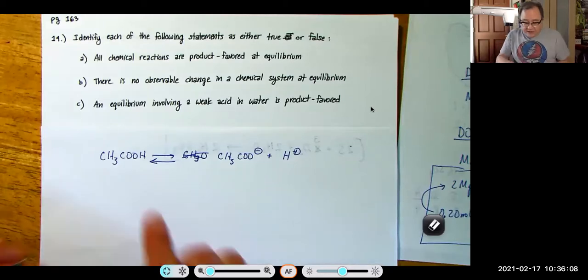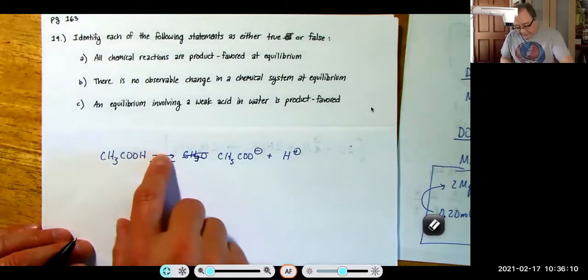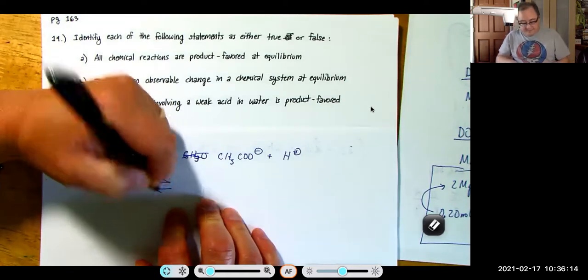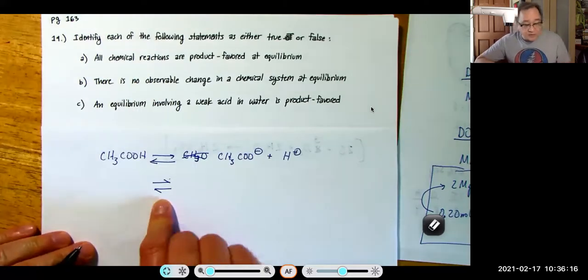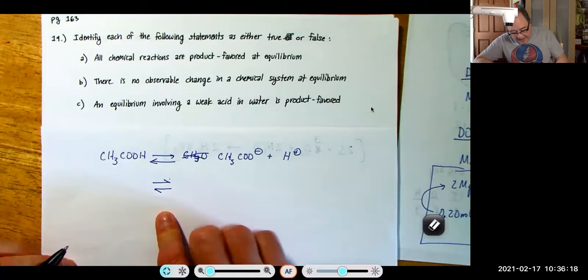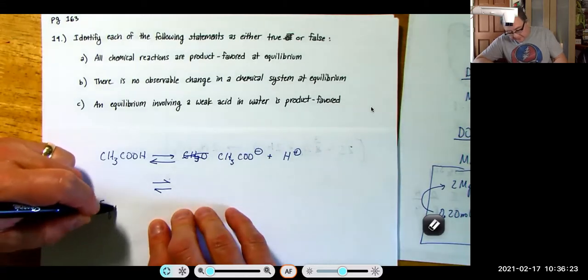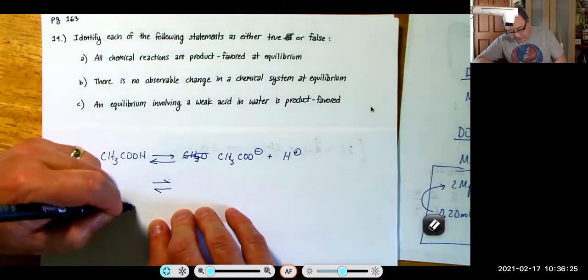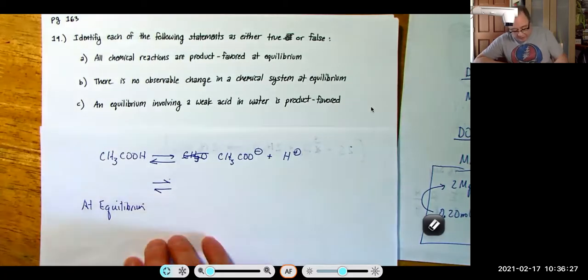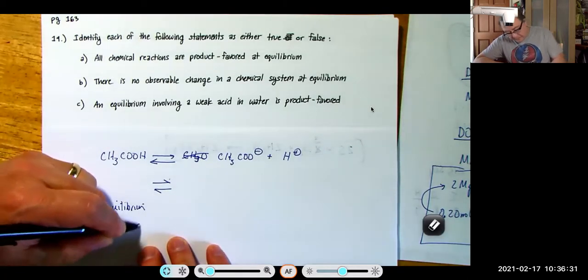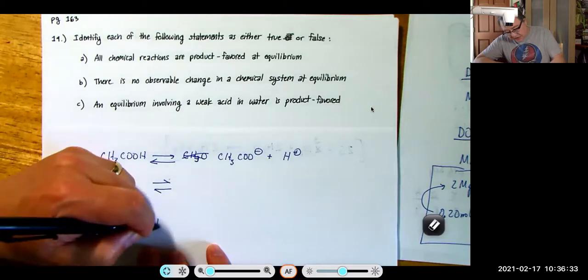This is called an equilibrium reaction when you have these arrows that go both ways. Sometimes the arrows are written like this. So whenever you see that, it's an equilibrium reaction. And at equilibrium, the forward rate of reaction is the reverse rate.